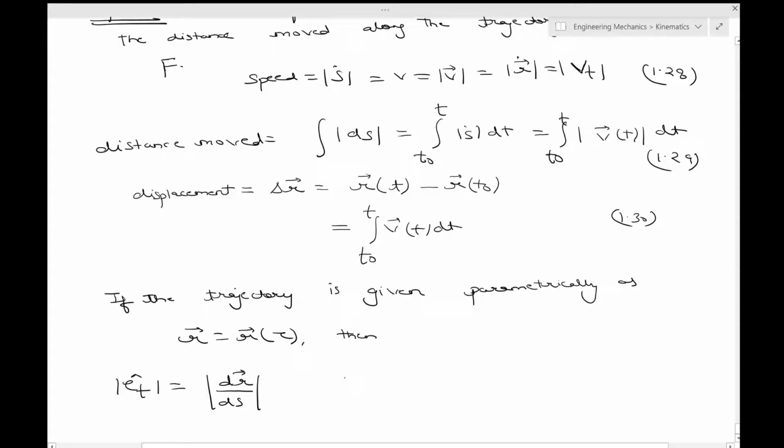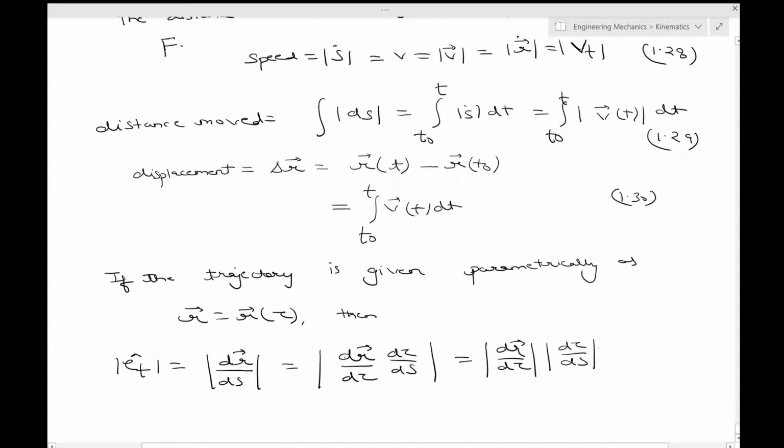If you don't recall, please pause the video and go back and check that Et can be written as dr by ds, and this can now be written as dr by d tau times d tau by ds, and this is equal to 1. Why is this equal to 1? Because the magnitude of this unit vector is 1.